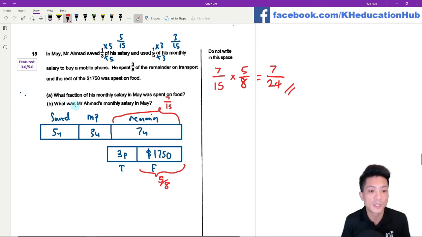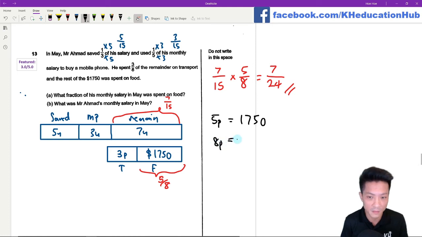Part B, what was Mr. Ahmad's monthly salary in May? In this case, we need to find the total. So let's work out over here first. 5 parts will be equal to 1,750. We need to find what is 1 part and find what is 8 parts. Okay, 1,750 divided by 5 and then multiplied by 8 will give us 2,800.